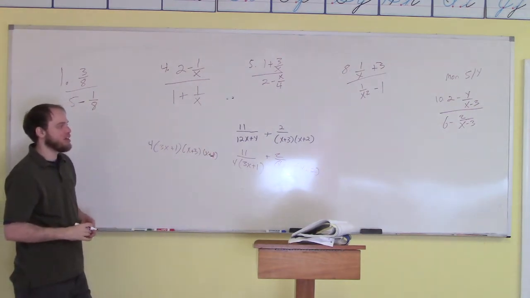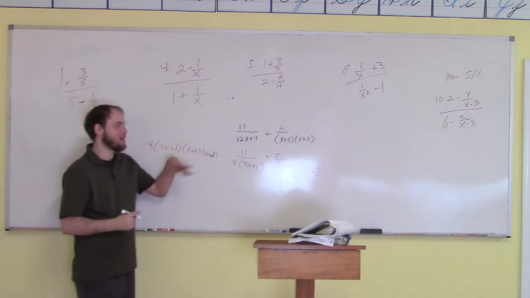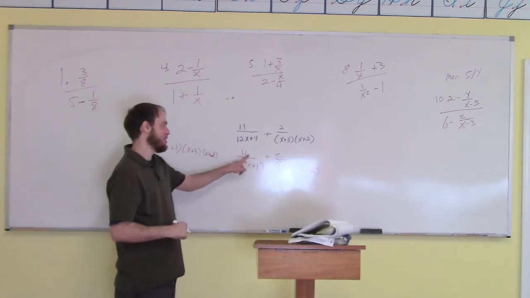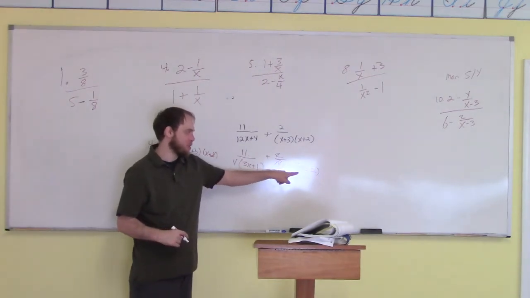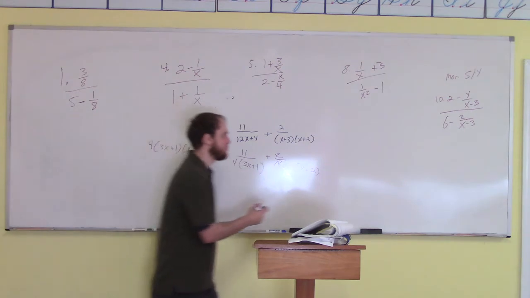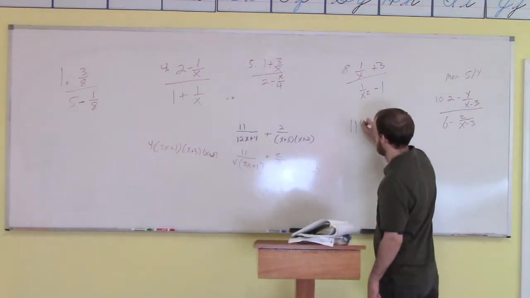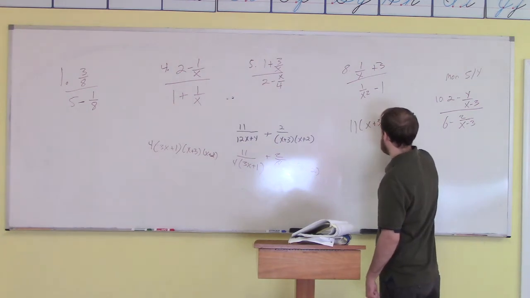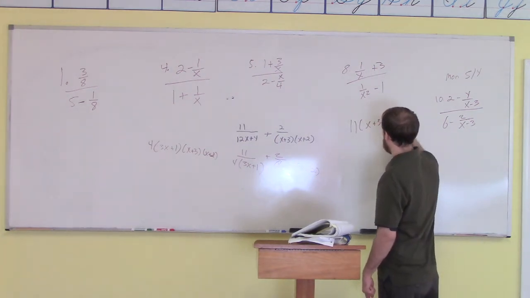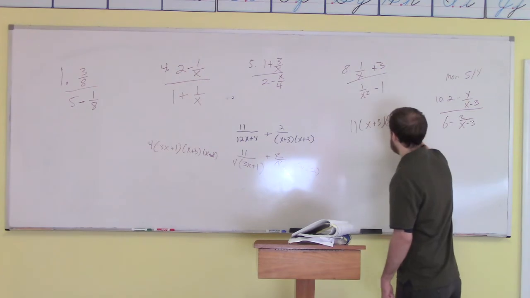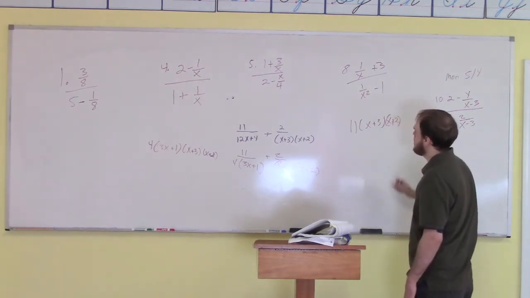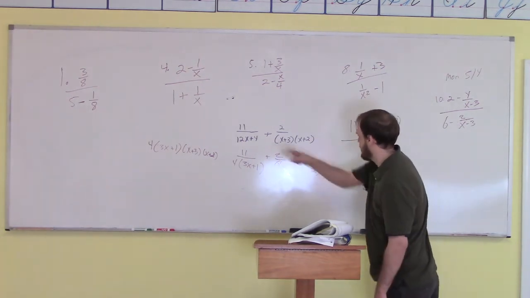Basically what we do then to the numerator is multiply by the ones they don't have. This one doesn't have the x plus 3 and the x plus 2, so I'm going to multiply 11 times (x plus 3) times (x plus 2), since that's what it didn't have, all over that thing on the bottom.